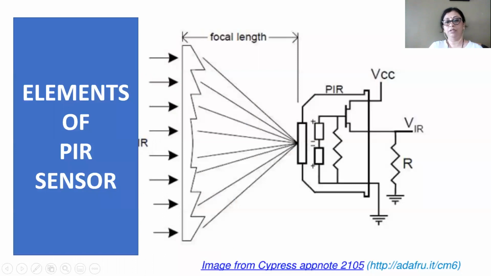Now let us study the elements of the PIR sensor. So what are the different elements of the PIR sensor that we are going to study? Here you can observe different components. The first component is a lens, and this lens is called Fresnel's lens.